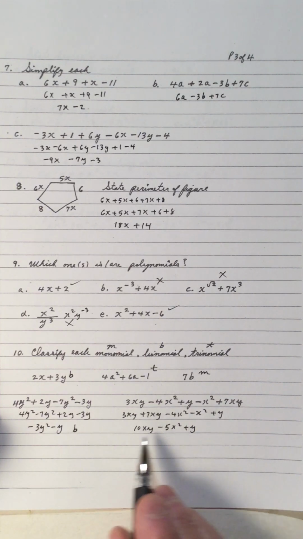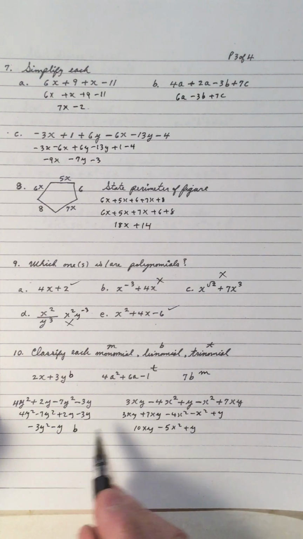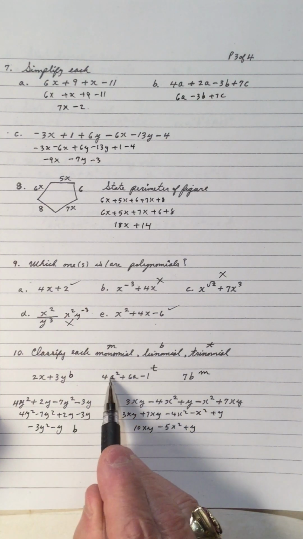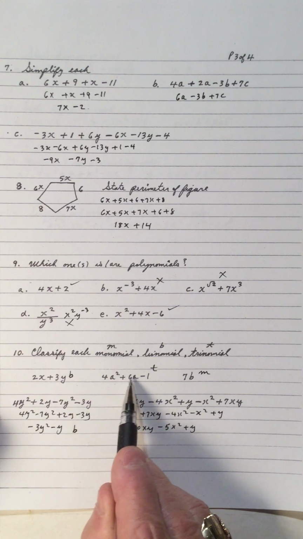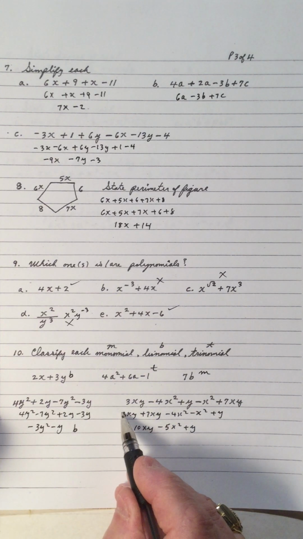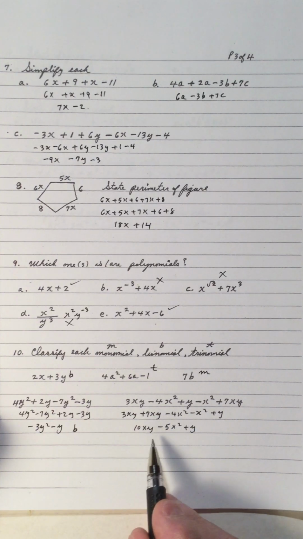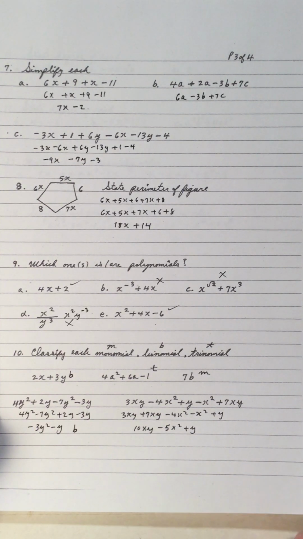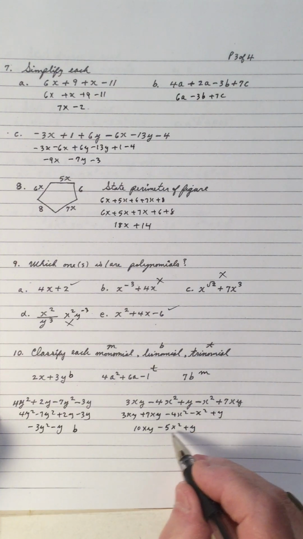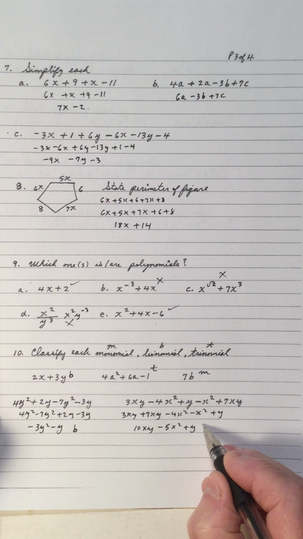Not really concerned with the order here because we got double variables. So if it was a single variable, then you could put it in descending order, but I'm not quite struck on looking at the x, y variables. We'll do that a little bit later. So this is 3 terms, so that's a trinomial.